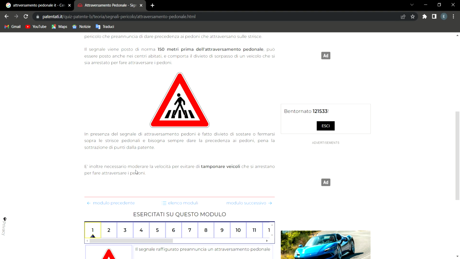Try as much as possible to reduce your velocity. In other words, you need to slow down, so that in case there is any vehicle waiting for a leg to transit, you will not hit it or cause an accident on that road. Look at it here. It says moderare la velocità. You need to let your velocity be moderate, so as to avoid an accident with the vehicle waiting for the leg to transit.